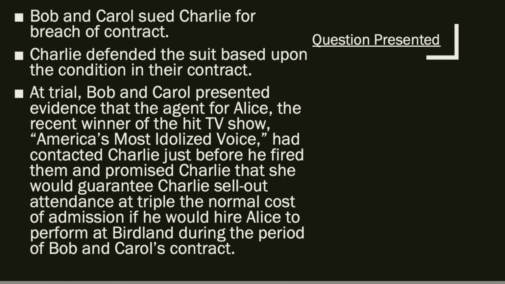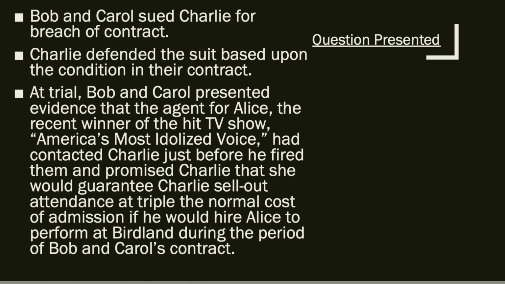We have some facts which suggest that if we take an objective approach, Bob and Carol's performance was objectively satisfactory. And we have some additional facts that if we take a subjective approach, then Bob and Carol's performance might not have been pleasing to Charlie, but on the other hand, he might have been lying about whether he was satisfied because he wanted to get a better deal with Alice.